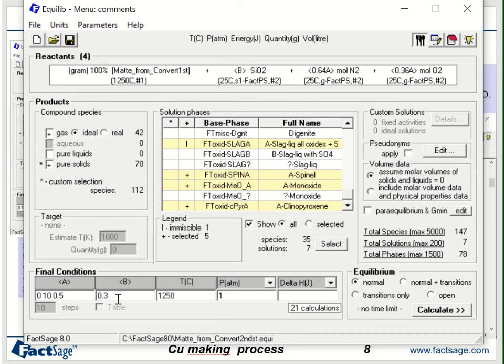So I did many different calculations, and then I found 0.3 is quite a reasonable value. So I'm adding only 0.3 gram of SiO2, and then changing the oxygen, the air amount from 0 to 10 moles, 0.5. Then do the calculation.